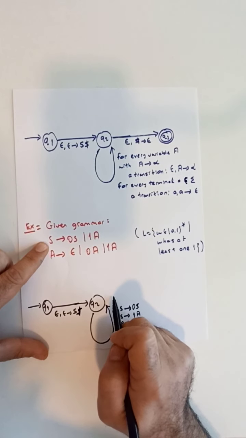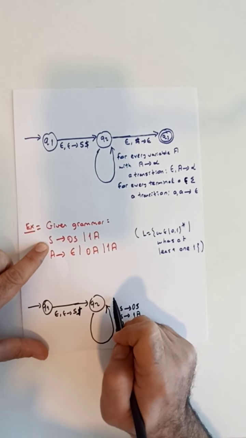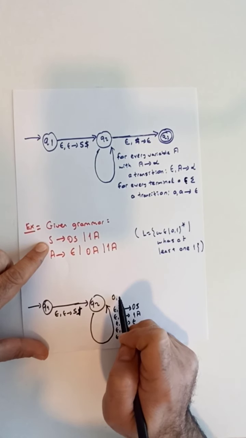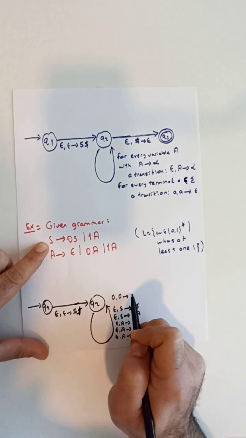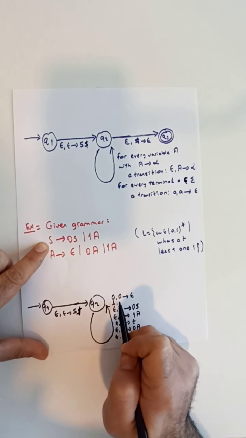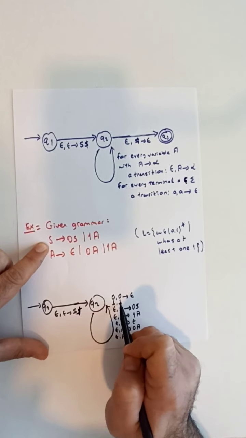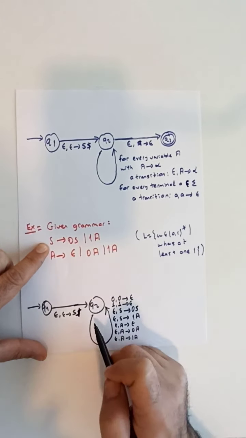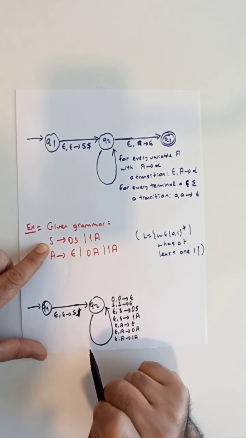If we see a 0 in our input string, and the top of the stack is a 0, we basically don't push anything into the stack, epsilon. If we see a 1 and our top of stack is a 1, again epsilon. So all these transitions are within a loop.